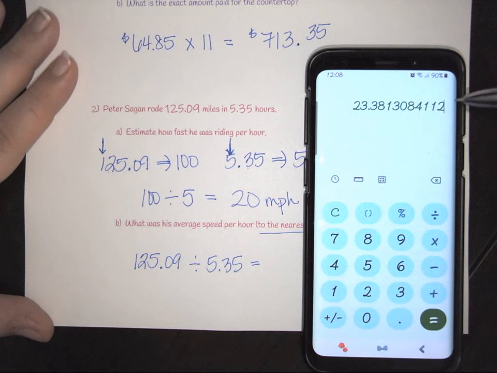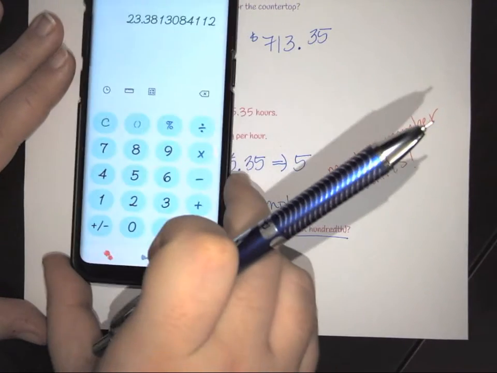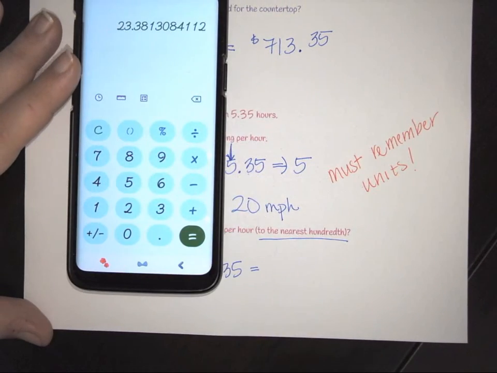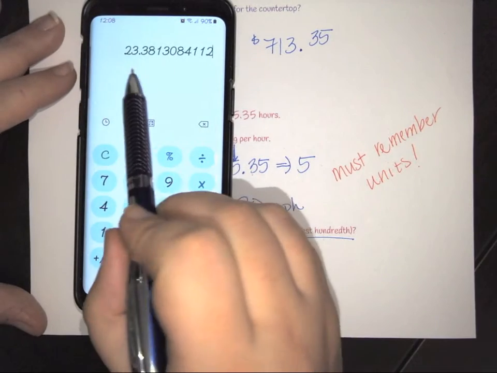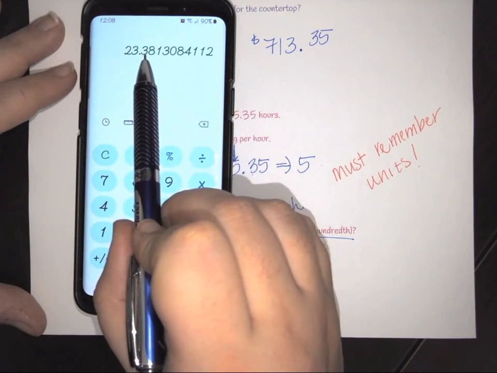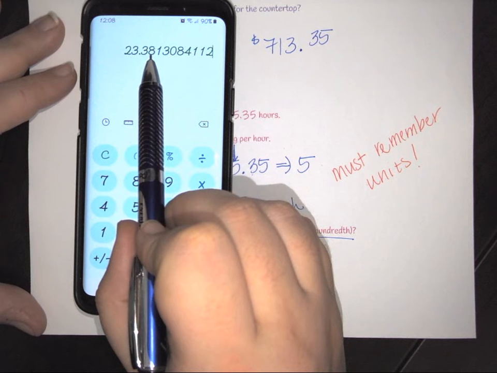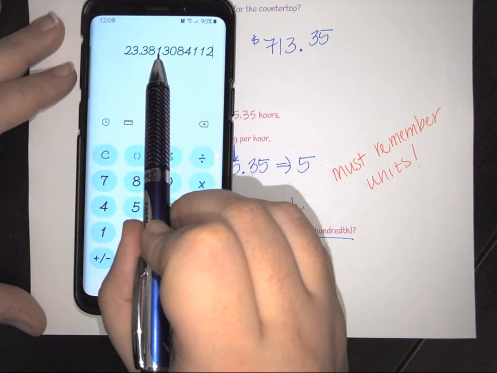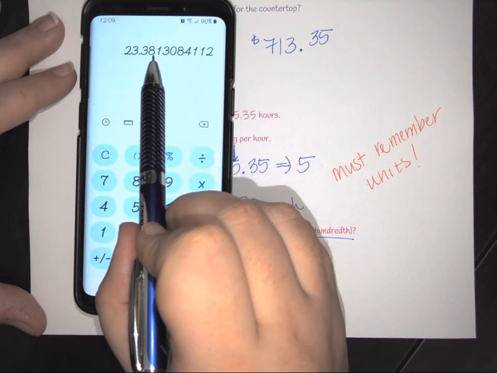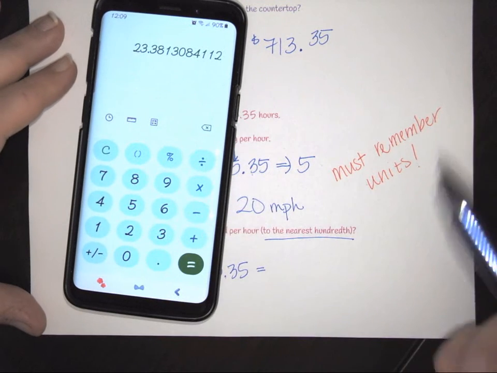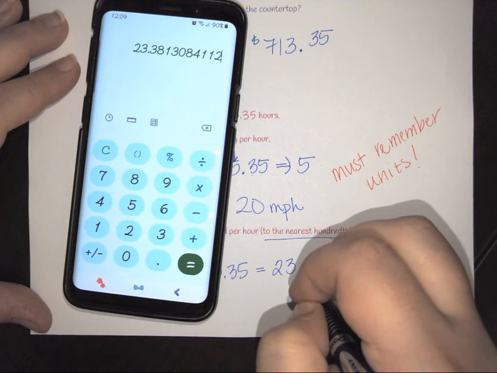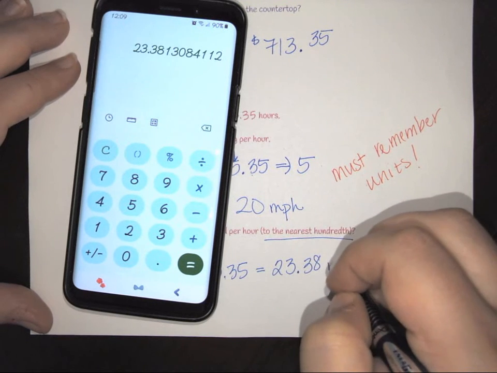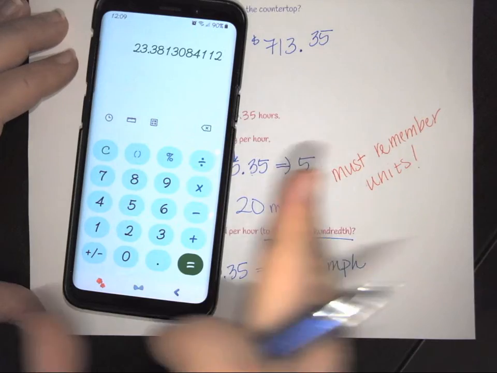And notice we have a really large decimal. Well, in my problem, we wanted to round to the nearest hundredth. Hundredth is the second spot. So we have hundredths right here. So we have to look at the third spot to tell us what to do. 1 is less than 5, so it stays the same. So we are going to have 23.38 miles per hour.